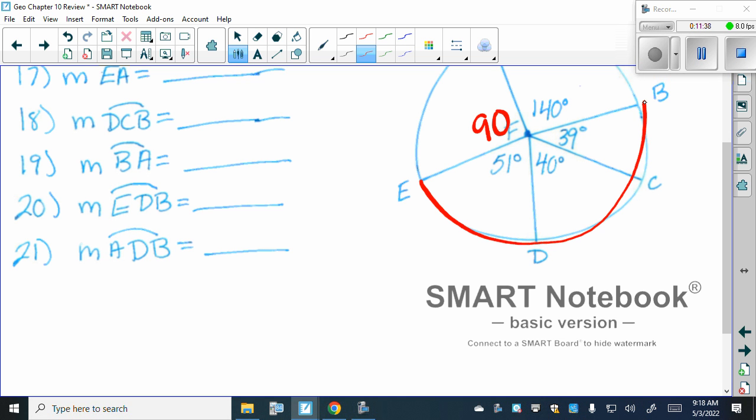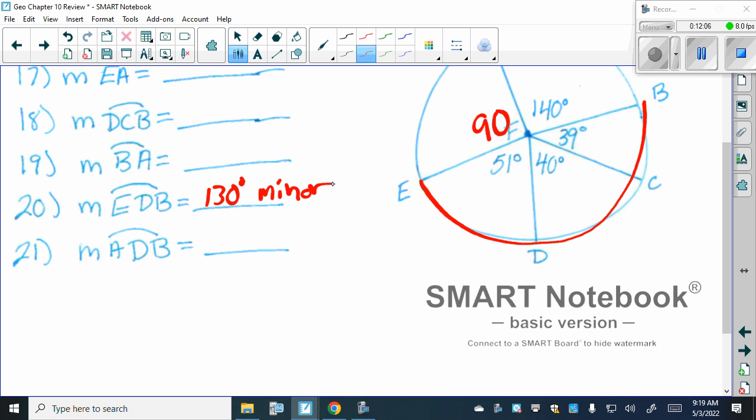These three here, if we add them together, we get what? 130. So EDB is 130 degrees, and this would be minor, because less than 180 is minor, greater than 180 is major, and if it's exactly 180 degrees, it's a semicircle. Semicircle is exactly 180.